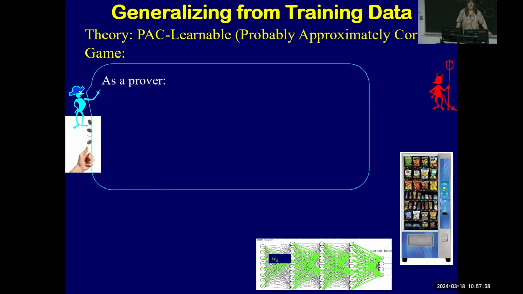Now, what are we going to try to prove? What's the first thing we're going to grab? What do we need? We need training data.